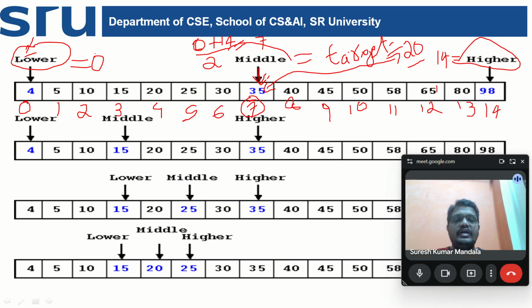So we compare the two conditions: whether the target value is greater than the middle value or less than the middle value. In this example, 20 is the target value and 35 is the middle value.